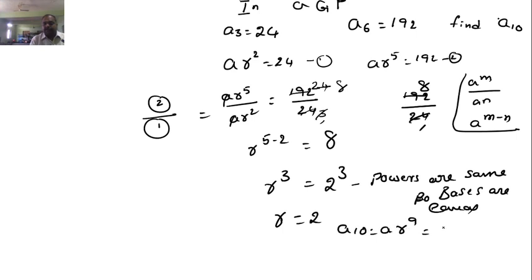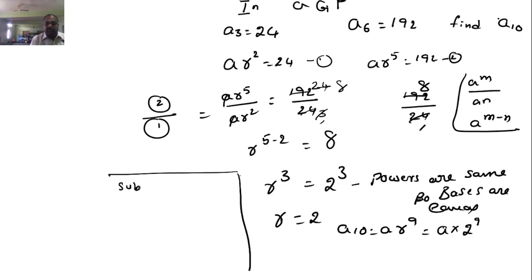That is equal to a, and we have to find a. The a value is unknown, into r power 9, which is 2 power 9. The r value is 2.